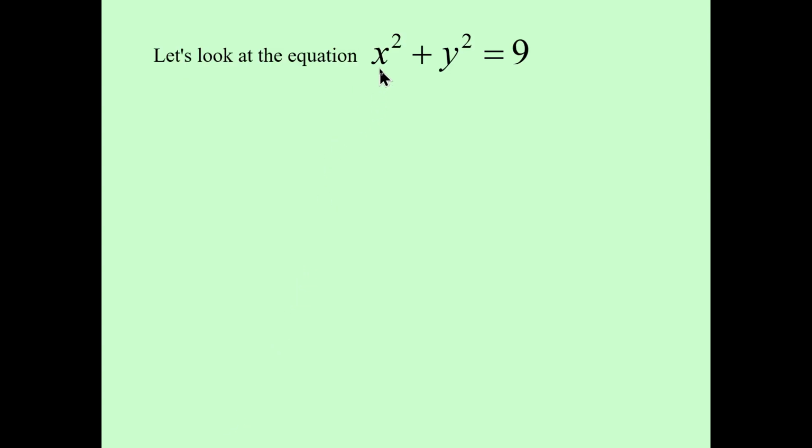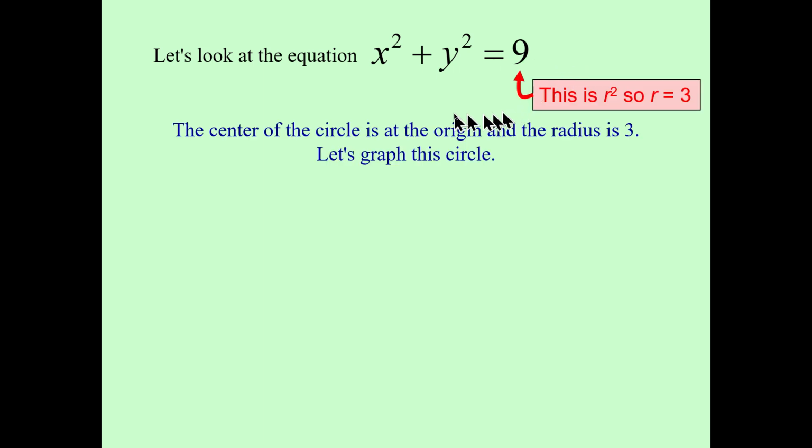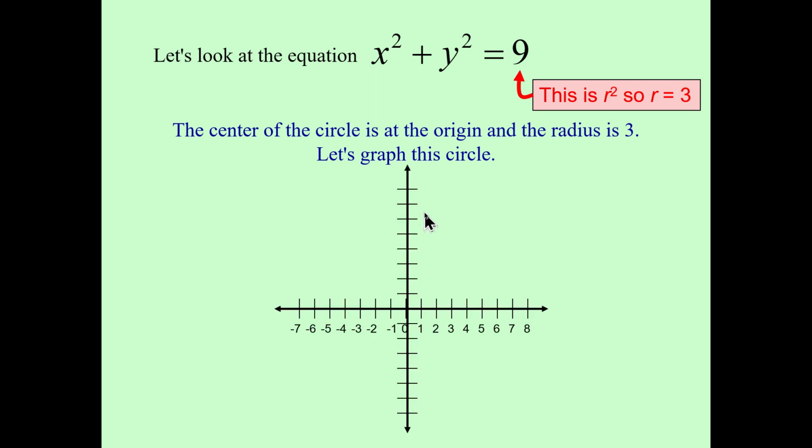Let's look at the equation x squared plus y squared equal to 9. The center of the circle is at the origin in this case, and this is r squared, so r is 3. So when you graph it, the center is going to be at the origin.